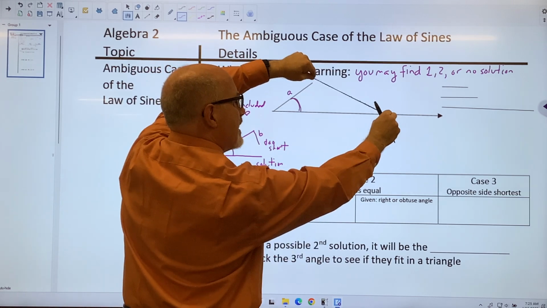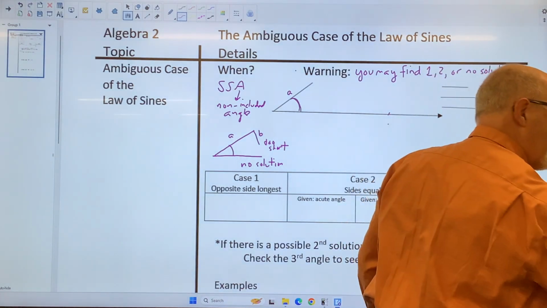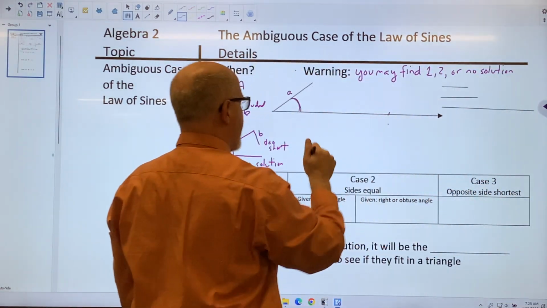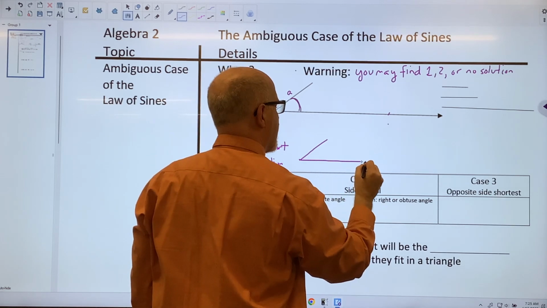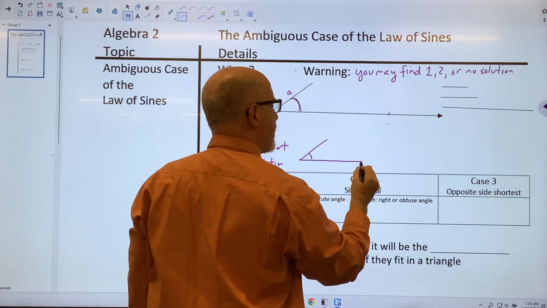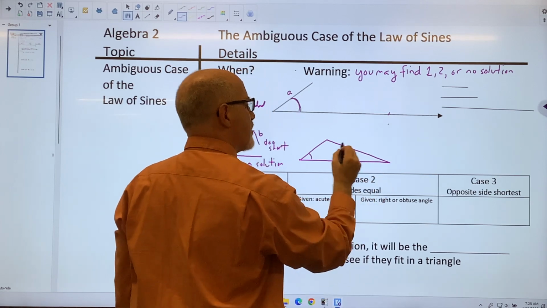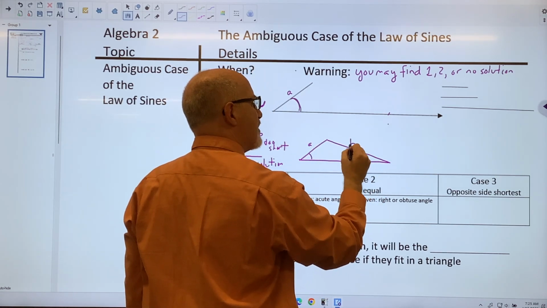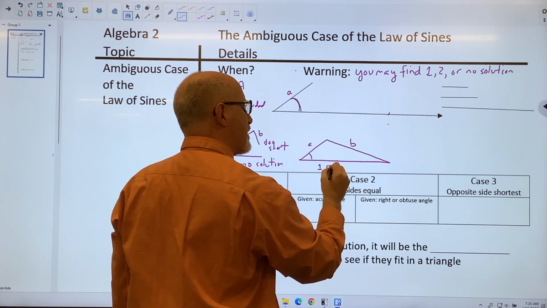So this ray hits there, but never on the other part. So if I'm given this angle, and then I'm given a really long side here, so we'll call this A, and B is very long, that gives me one solution. That's a possibility too.